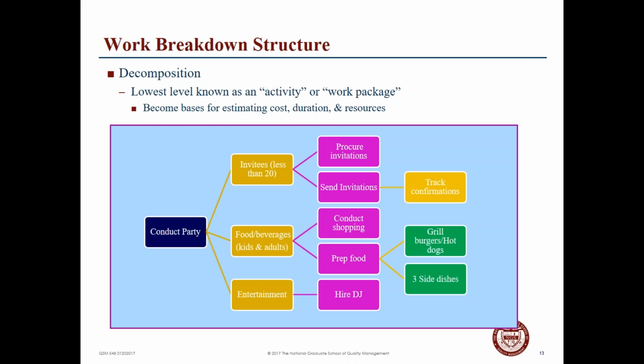For the food and beverage piece of the activity, we need to go buy the food and prep it. For the entertainment piece, we need to hire a DJ, band, or whatever it might be. But interestingly enough, on the invitations, we need to track the confirmations, because the confirmations will tell you how many people are coming, and ultimately that leads to how much food and beverage you need to purchase.